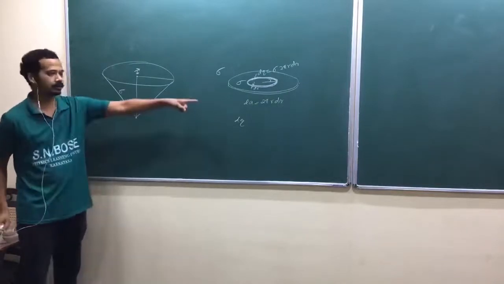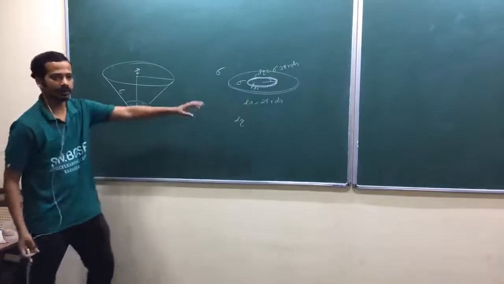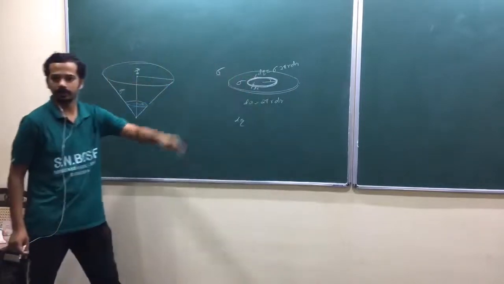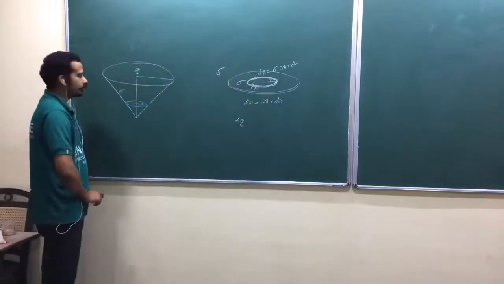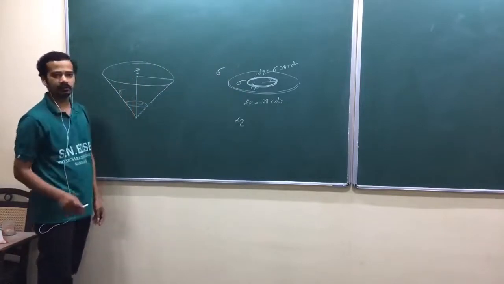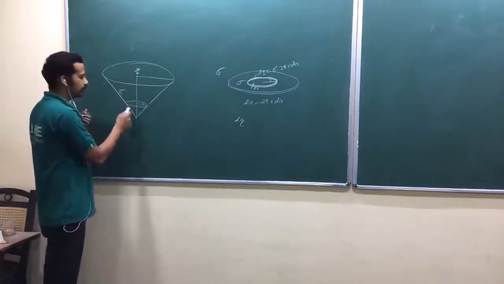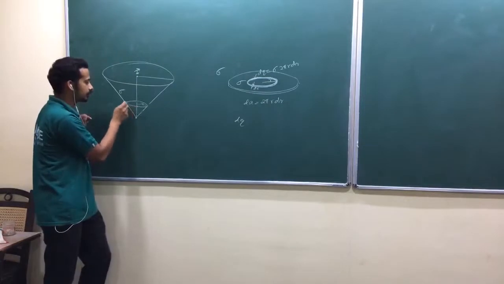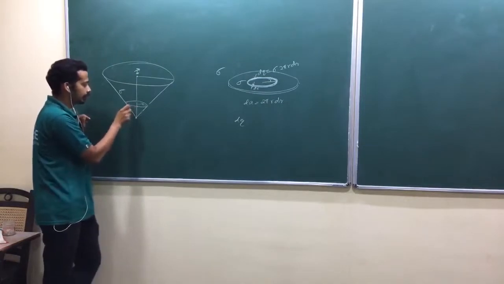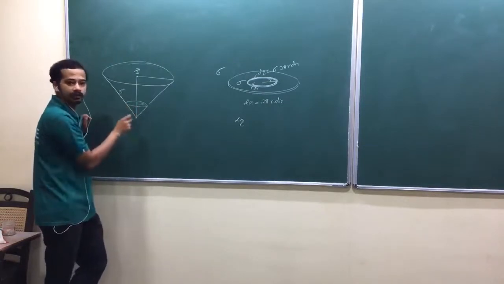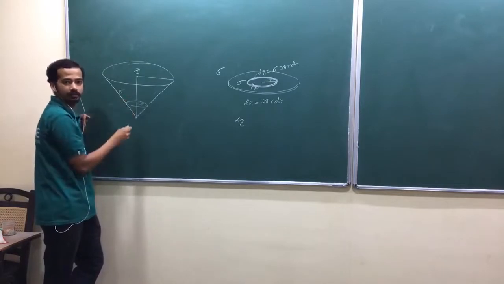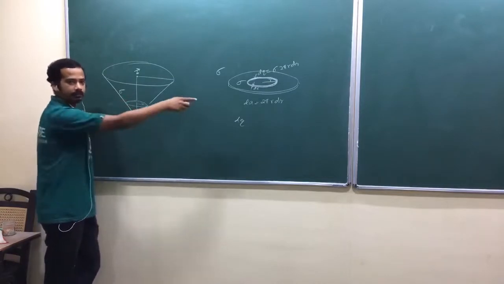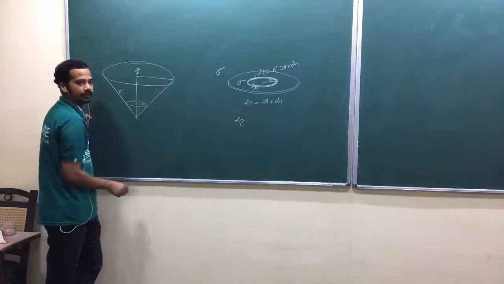That is the main idea that we have taken. We have taken the ring, but how we have written dq is the main point. You should define not only the radius of the ring, but also the fractional surface area because of the ring.